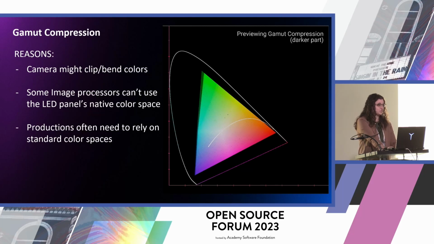But not all productions have the ability to have an imaging scientist on hand, someone who knows how to get images back and forth from those native primaries and how to view that correctly and how to make sure that all happens correctly on a set. So people default to P3 or Rec 2020, something that's standard and can go through all systems and stay exactly the same. That's where the gamut compression really comes in handy.